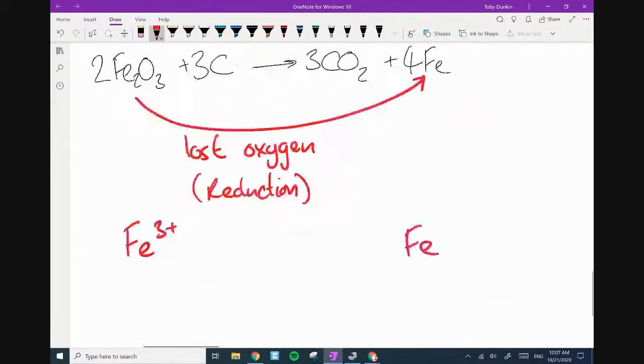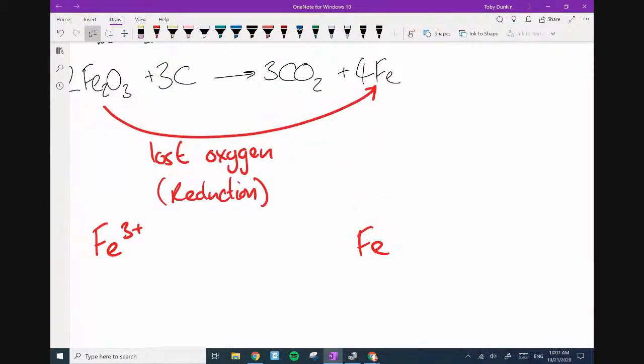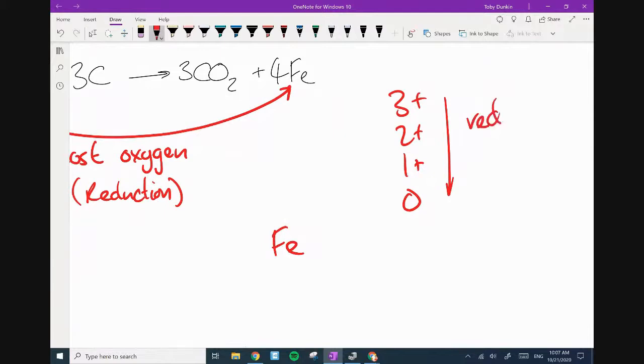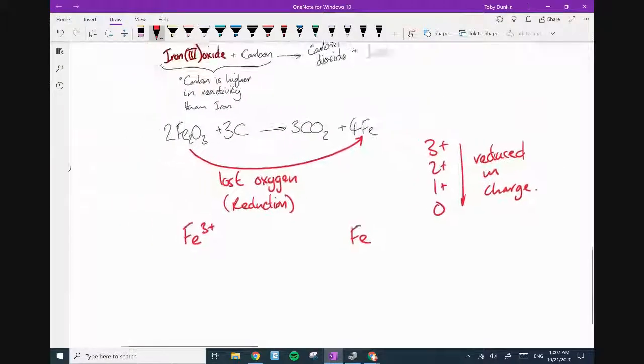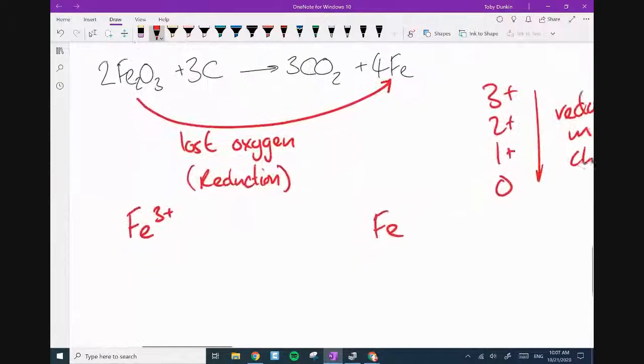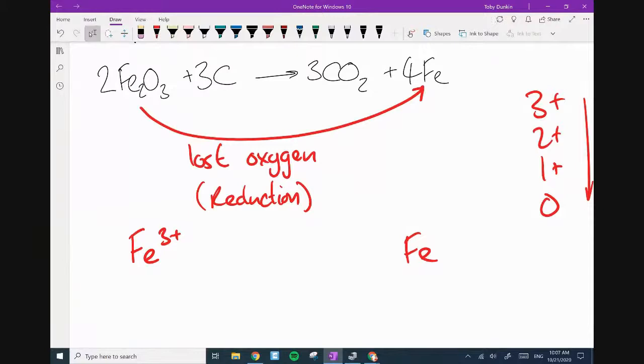In terms of charge states, it's gone from +3 down to +2 to +1 to 0. It's coming down in charge. It's being reduced, made smaller, reduced in charge. And all elements, by the way, have a charge of 0. So we can now balance this for electrons.